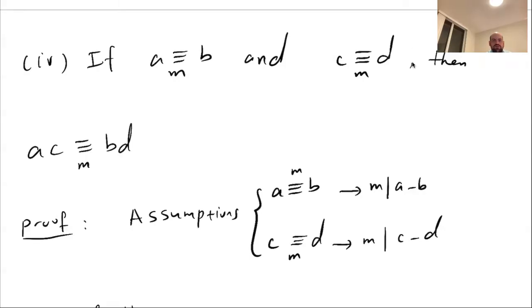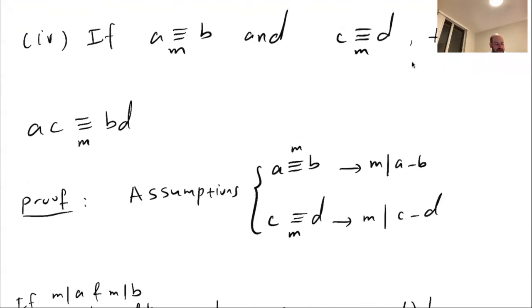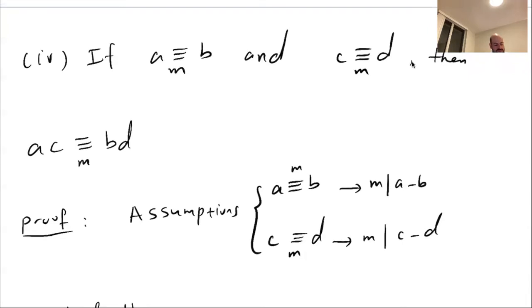The assumptions here are A is congruent to B mod M, which means M divides A minus B according to the definition of congruence, and also C is congruent to D, which means M divides C minus D. So these are my assumptions. Now, what do I want to show? I want to show that AC is congruent to BD mod M. Well, that means we have to show that M divides AC minus BD.